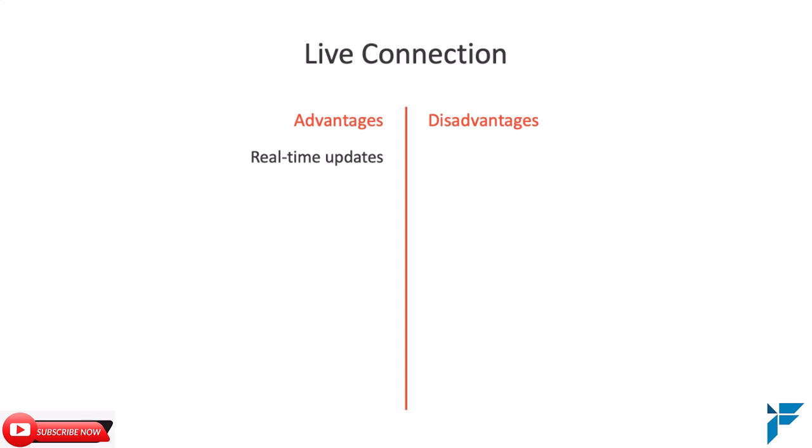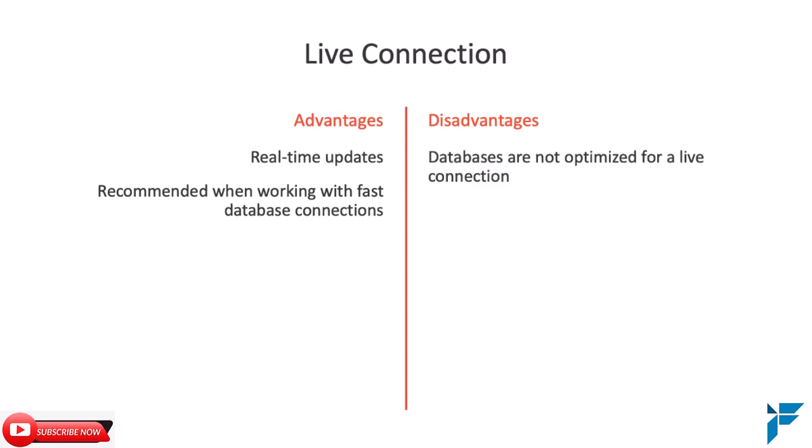And this is because you're directly connected to your underlying database when using a live connection. If you work with a fast database, live connections may come in handy because it doesn't take too long to query the underlying database. However, there are a couple of disadvantages. If the underlying database is not fast enough or optimized, you may not have a great time with a live connection because it can slow down workbook performance.